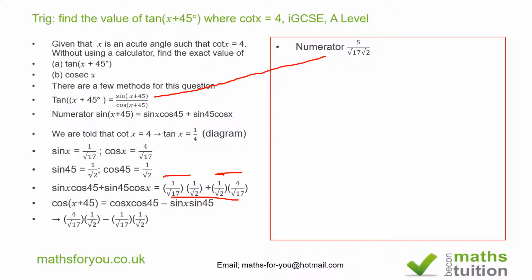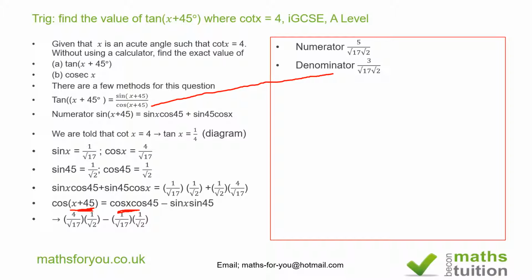Similarly, the denominator is up there because 4 times 1 is 4, 1 times 1 is 1, and 4 minus 1 is 3. So the denominator is 3 divided by the square root of 17 times the square root of 2.